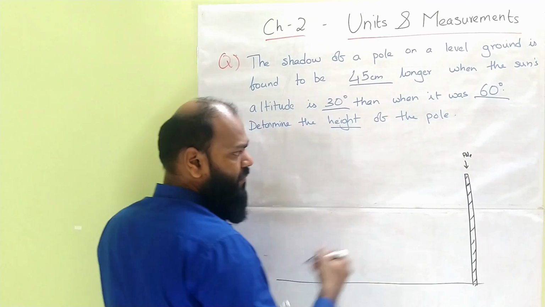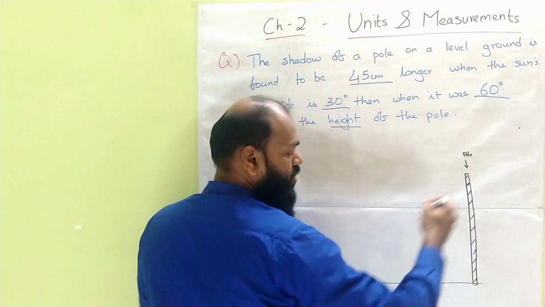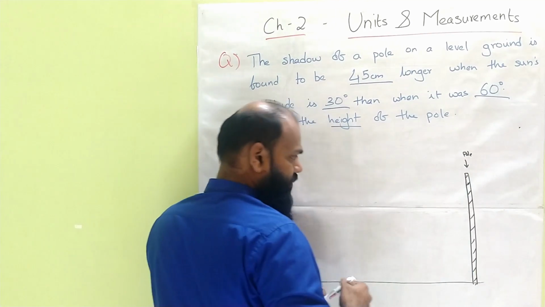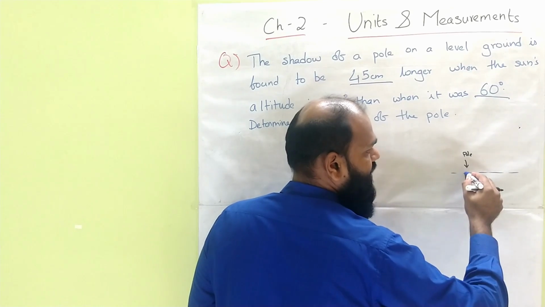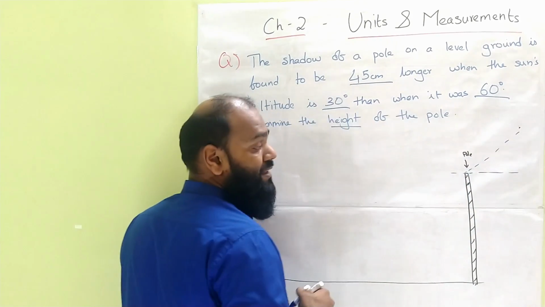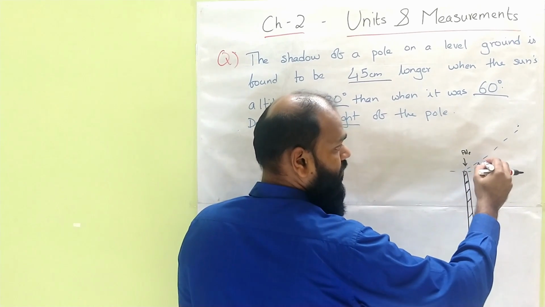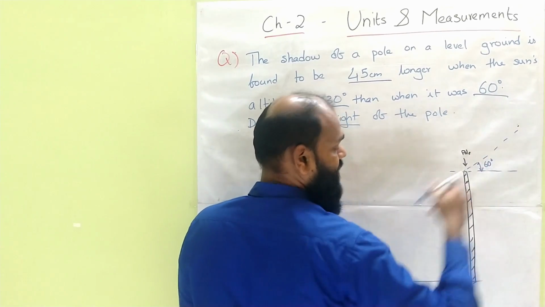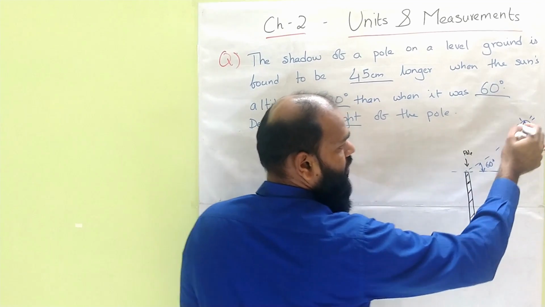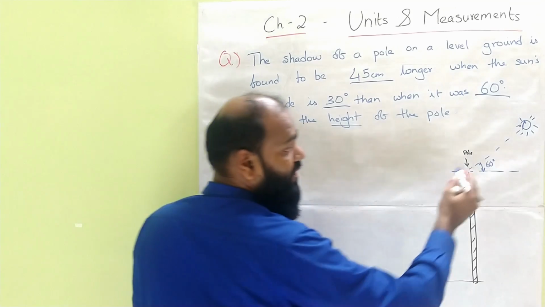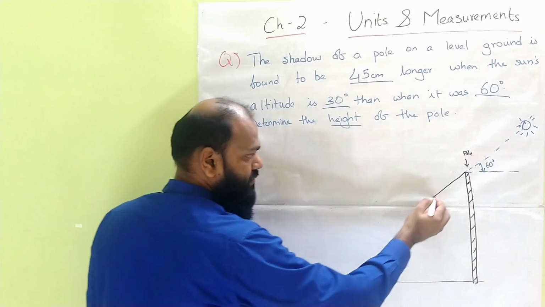Now let's assume that the sun is at this location, somewhere over here. Let me draw a line. When the sun is at 60 degrees, we get a shadow like this.